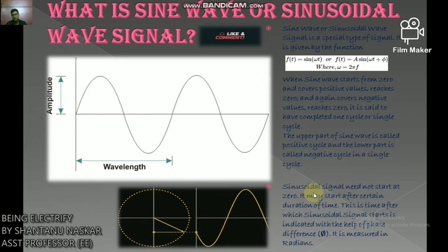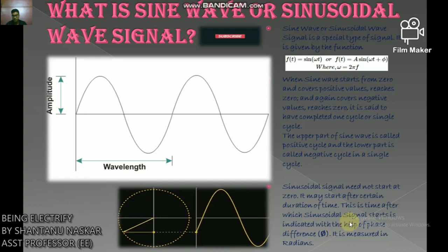Okay, a sinusoidal signal need not start at 0, it may start after a certain duration of time. Look here, it can start from this point, not only from 0, from here also, here also.